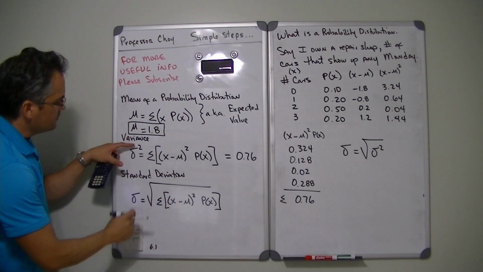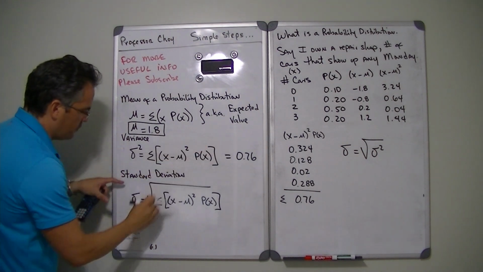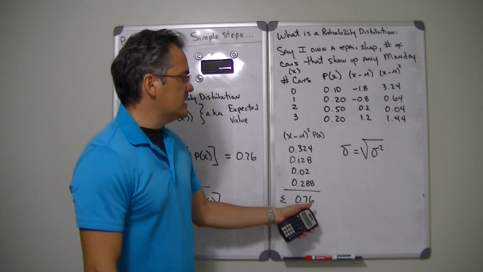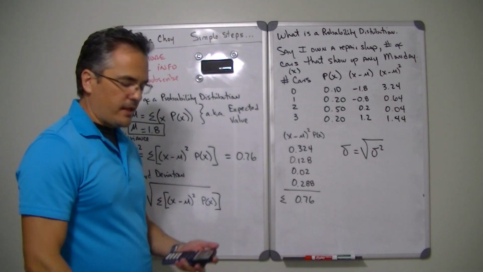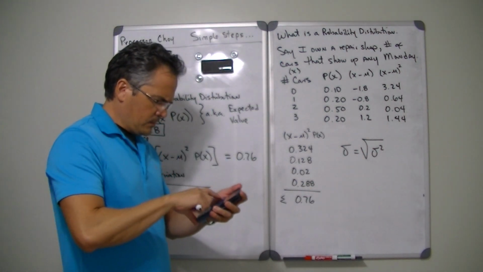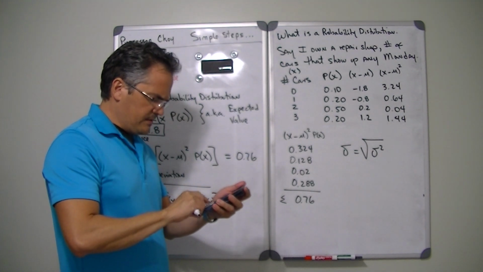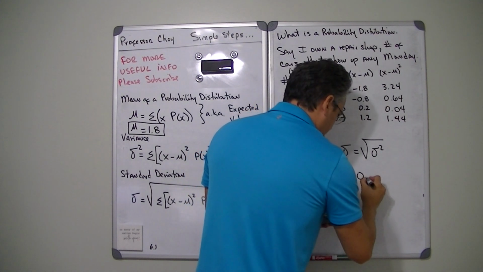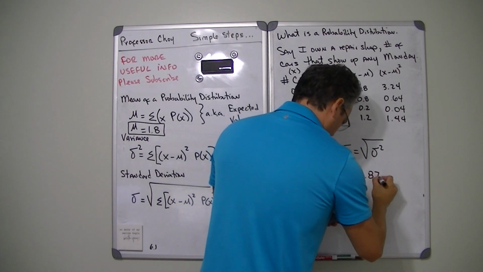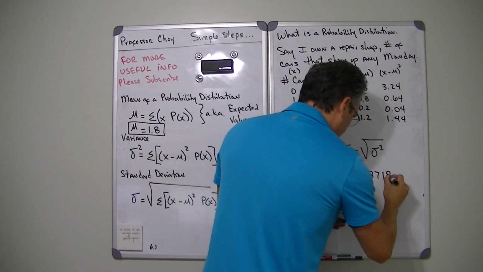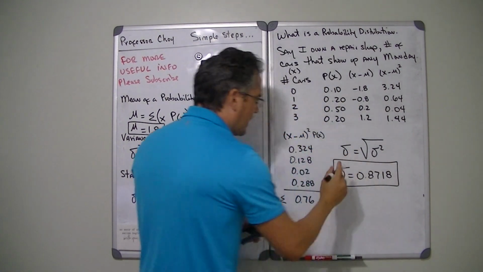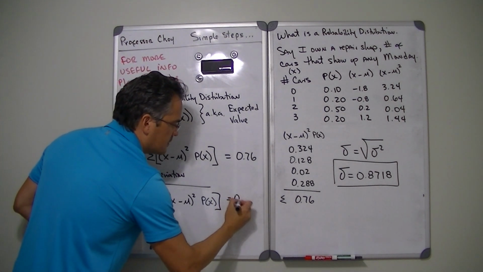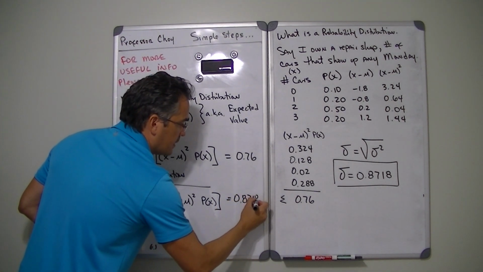So all I gotta do is move this over here and do the square root of that in order to get the answer. So I'm just gonna take this 0.76 and find the square root of that. So square root of 0.76, and that gives me 0.8718. And that is my standard deviation. So my standard deviation is 0.8718.